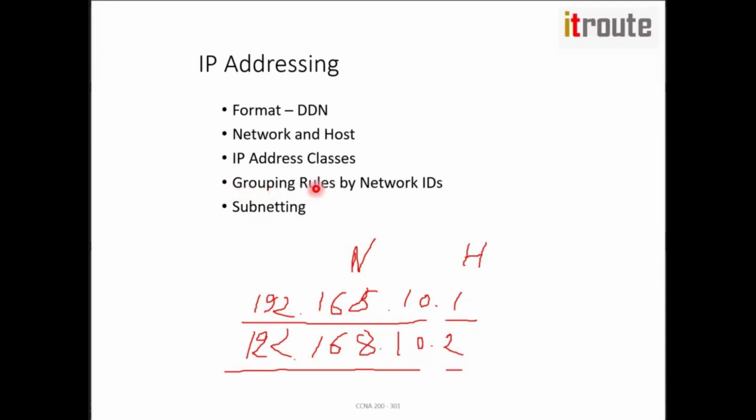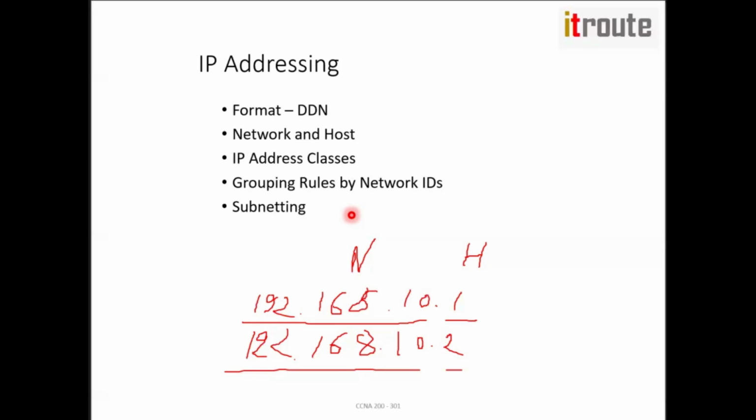And for IP addresses, we have many different classes. Usually when you do subnetting, you need to look at the class. We have class A, class B, class C, class D, class E, different IP address classifications, and we need to understand those.